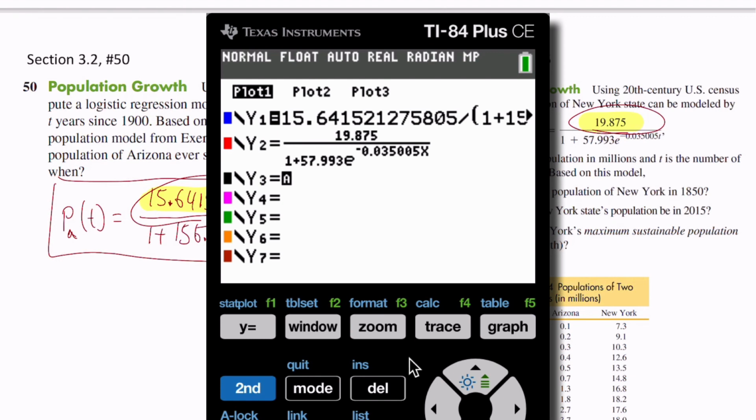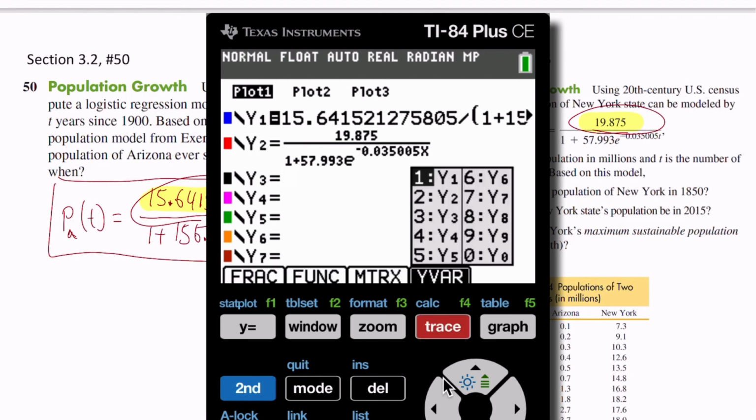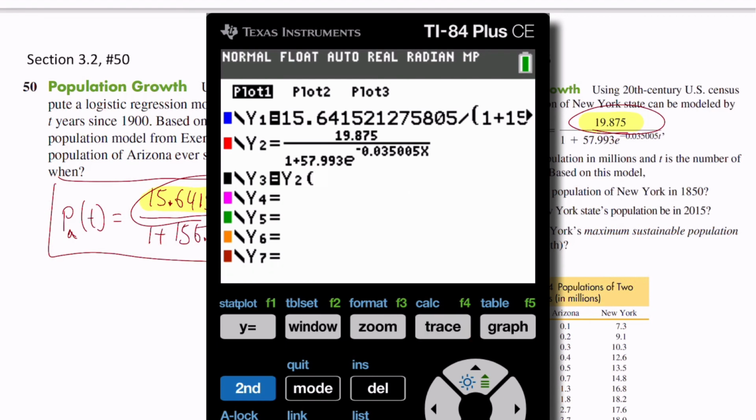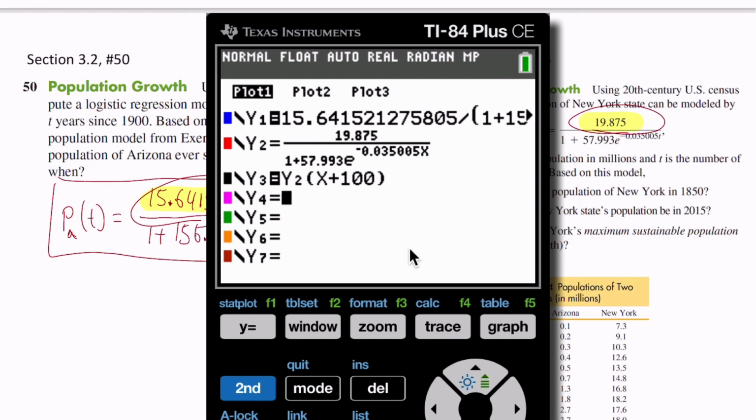I can go alpha, trace, and for y3, I'm just going to graph y2, but I'm going to change its argument. I'm going to take my function and shift it 100 to the left. So that's going to show me y2, but if I were to plug in 0, the first year is going to show me 100 plus 1800, which is 1900, right?